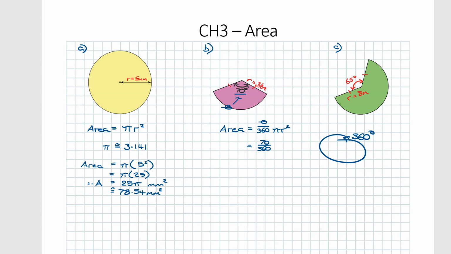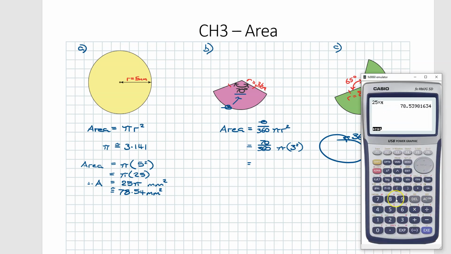Awesome. So doing this particular example, we're going to get 70 over 360 times pi times 3 squared. Then evaluating this expression, we have to figure out what 70 over 360 is. So 70 divided by 360 is roughly 0.19.